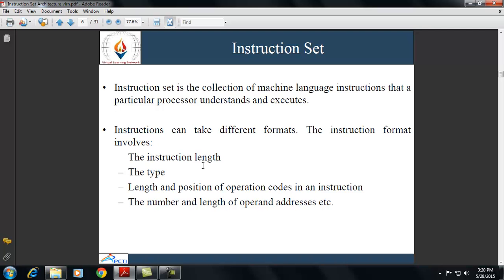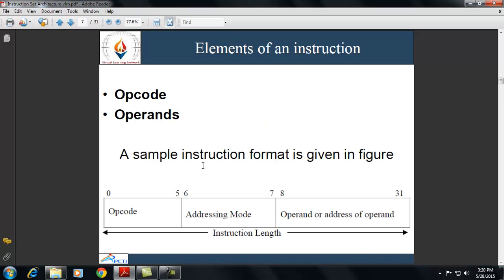If we talk about an instruction set, for example, if we give A plus B into C, then A, B, C are operands on which a particular set of instructions are to be performed. Plus, multiply, minus, these are all instructions, or we can say opcode, or we can also say operators, on the basis of which we can perform a set of instructions on the specified operands. There are various elements of instructions.